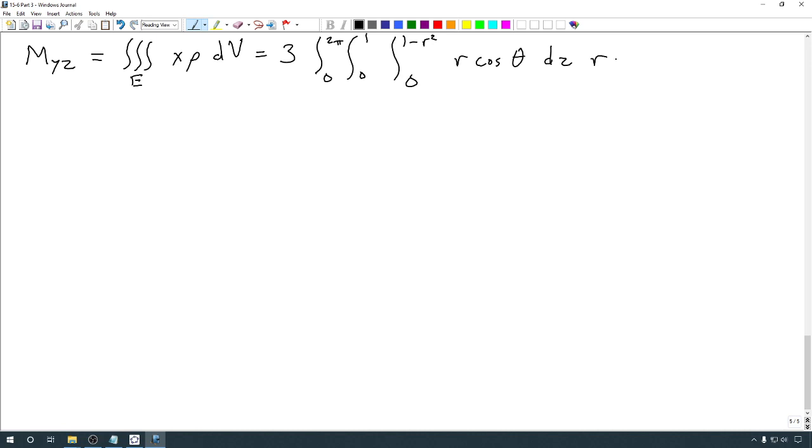And don't forget your r dr d theta. Really, we could actually even move the r inside. So we're really going to be doing r squared cosine theta. Of course, since there's no z's in here, we just end up multiplying by 1 minus r squared.